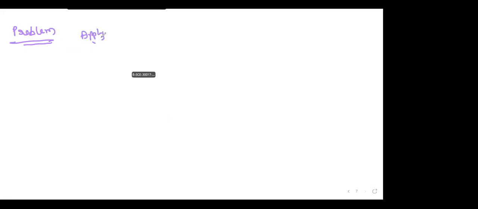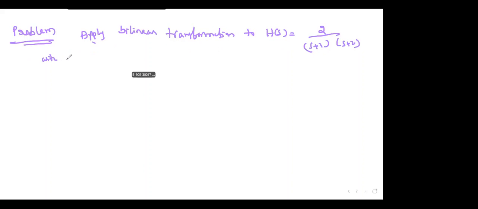So apply the bilinear transformation to H of s is equal to 2 by (s plus 1) into (s plus 2), with T equal to 1 second, and find H of z.